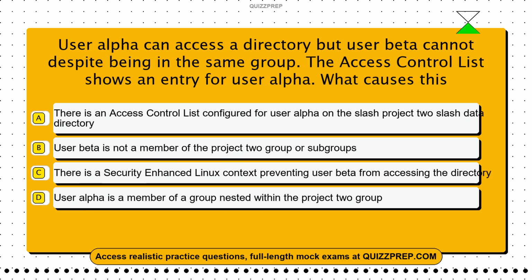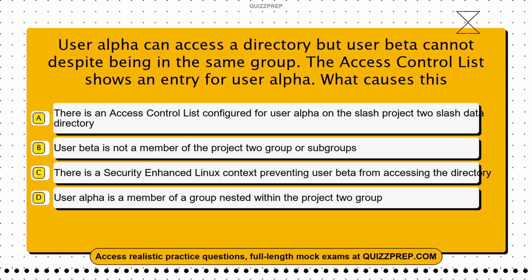Question 113. User alpha can access a directory but user beta cannot despite being in the same group. The access control list shows an entry for user alpha. What causes this? Option A. There is an access control list configured for user alpha on the /project2/data directory. Option B. User beta is not a member of the project2 group or subgroups. Option C. There is a security-enhanced Linux context preventing user beta from accessing the directory.